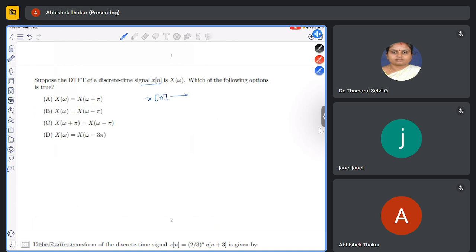The discrete time Fourier transform is X of omega. Which of the following is true?